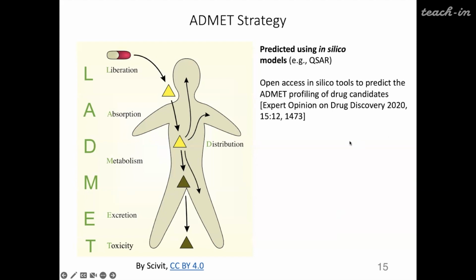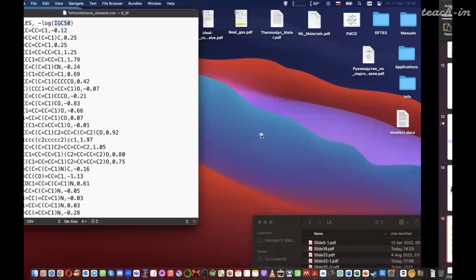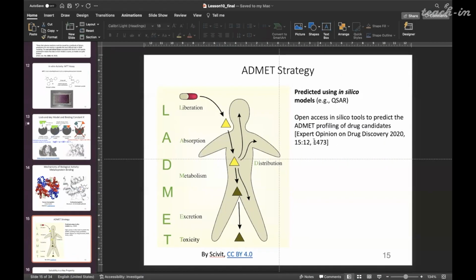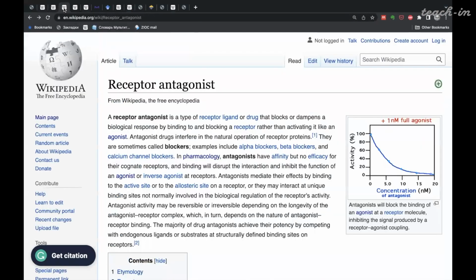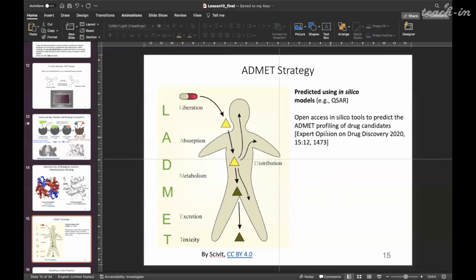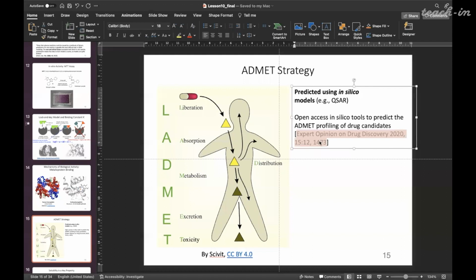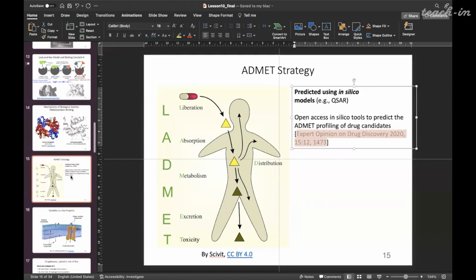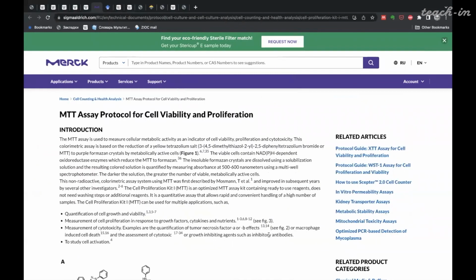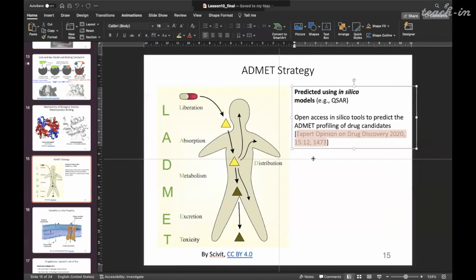There are some tools for ADMET profiling, and you can refer to this review article for the tools that are open source.